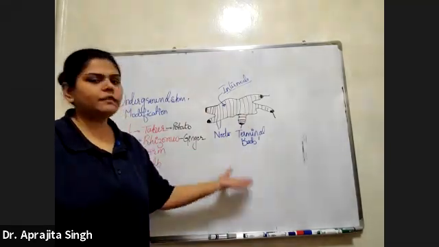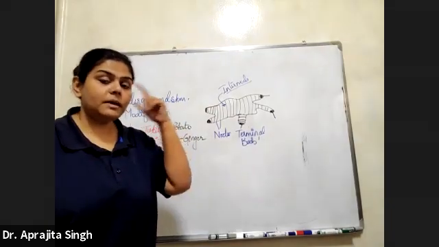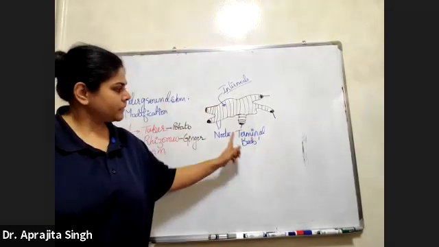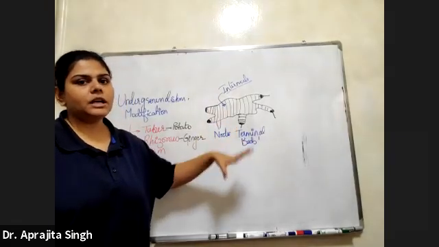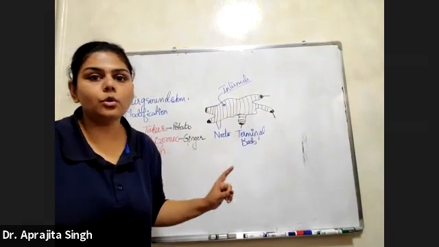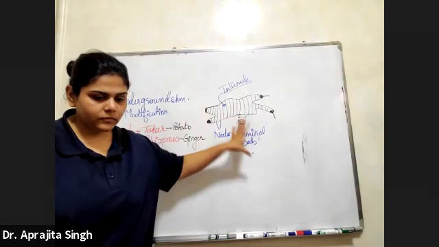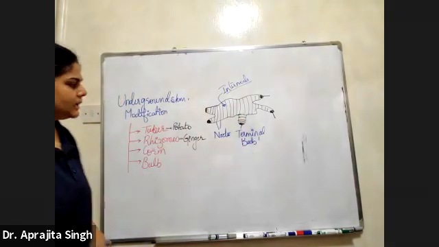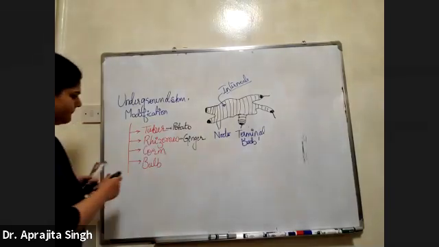They can give you any type of question, so you have to be prepared for that. Remember all the images. Okay, ginger, terminal bud, axillary bud, internodes, nodes, everything is present, but no root hairs. No, not at all. Rhizome. Is this part clear? You can make the rough diagram.